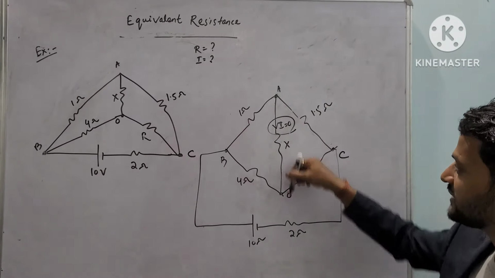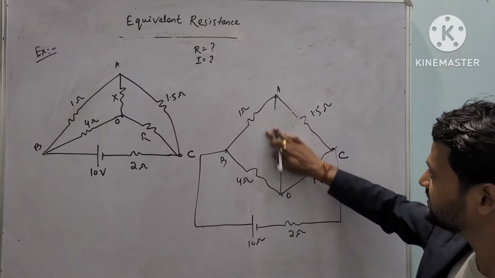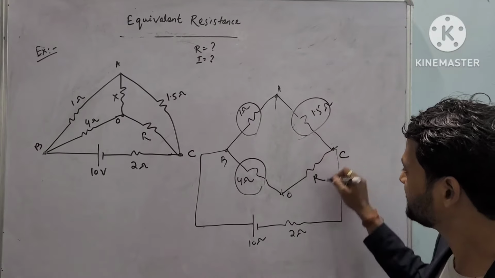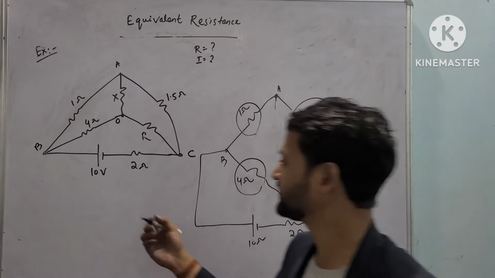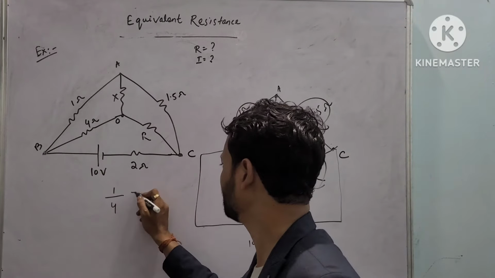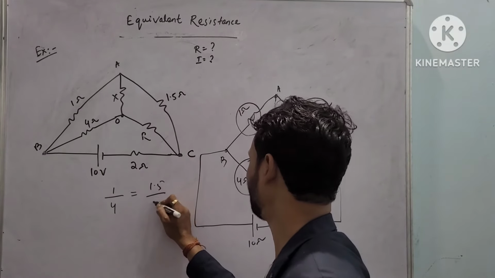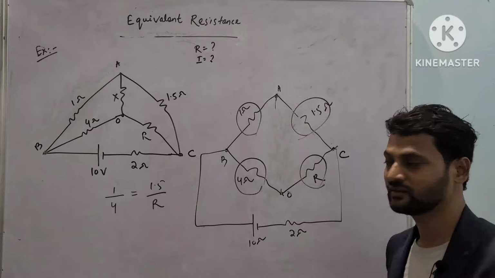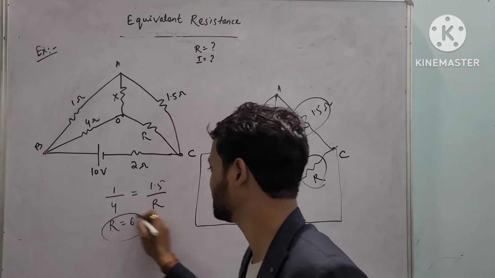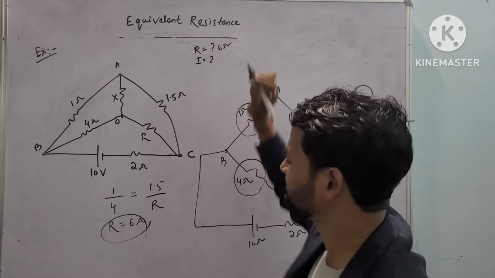So if current through this branch is 0, the ratio of adjacent resistances will be equal. So 1 by 4 will be equal to 1.5 upon R. So what is the value of R? R is 6 ohm.